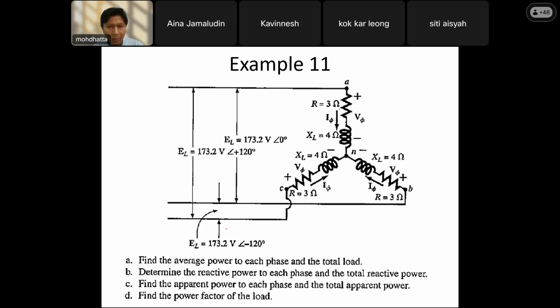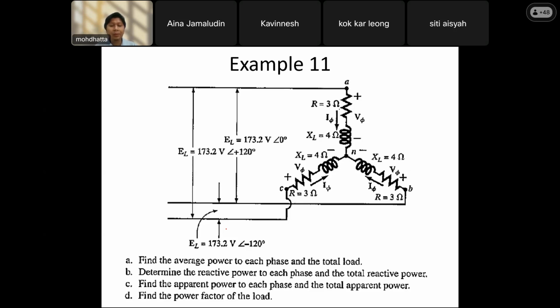Now, given that this is the circuit, we have Y connected balance load. Our line voltage is 173.2 in magnitudes, and of course, in angles, it will be difference between lines. And the question asking about the average power of each phase and the total load.